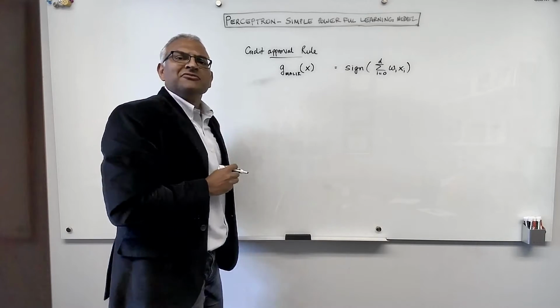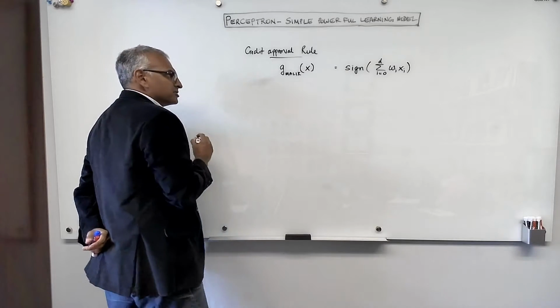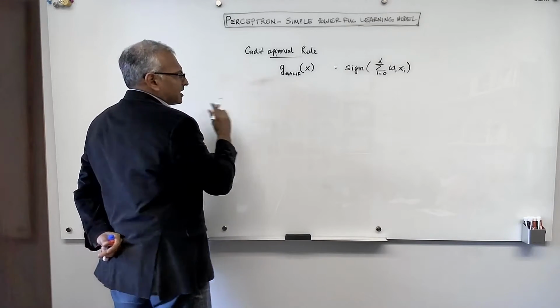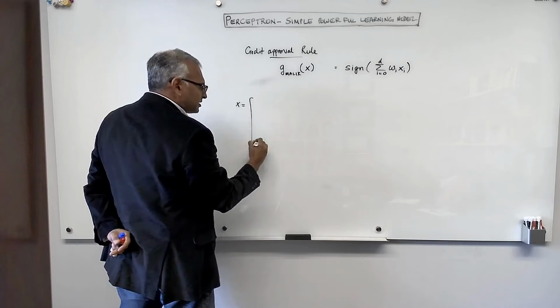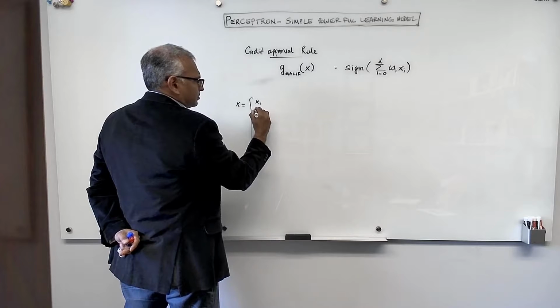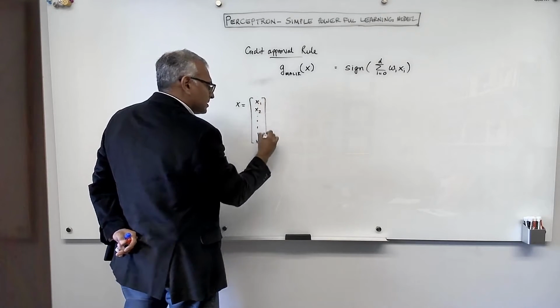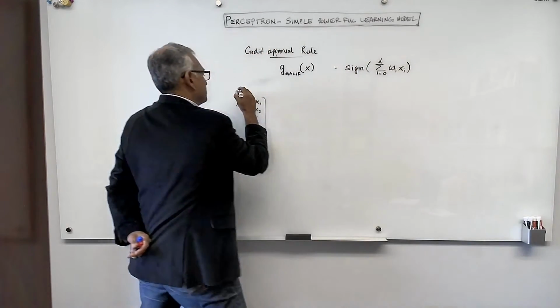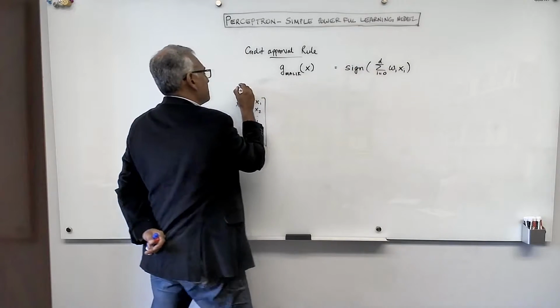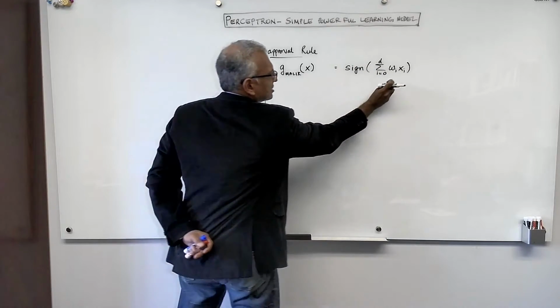Let me introduce a convenient notation. We can make this functional form even more convenient. Remember that the applicant x is equal to a vector of its attributes, x1, x2, up to x sub d. And now we have this x sub 0, which is equal to 1 in this formula.